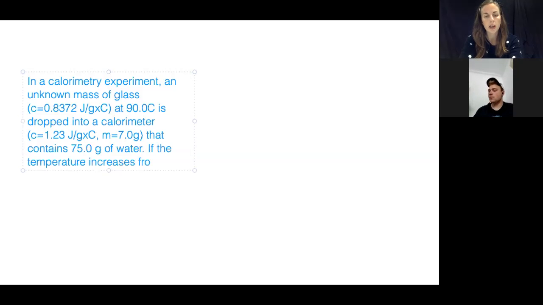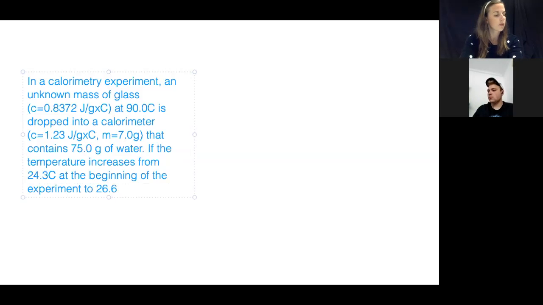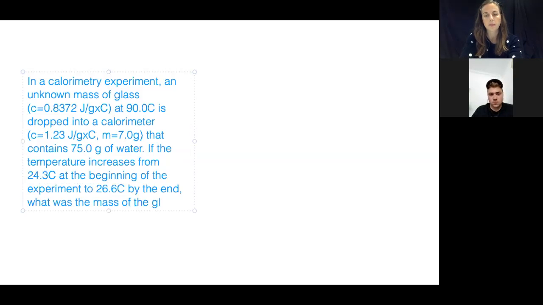Gives me my temperature increase, my initial temperature to my final temperature. And then they ask us to find the mass of the glass.